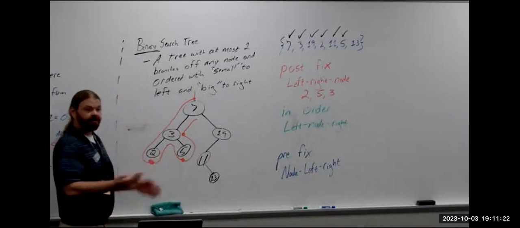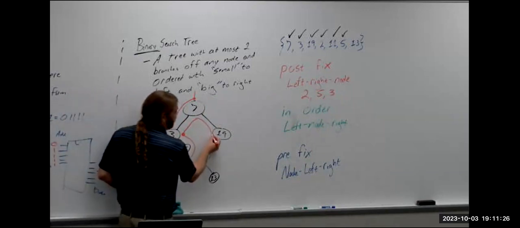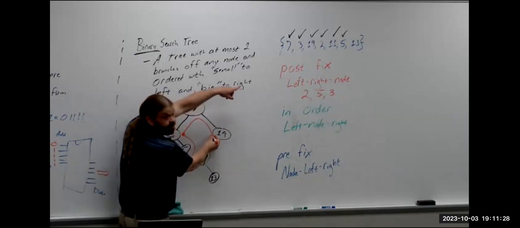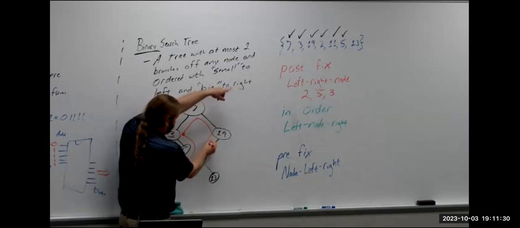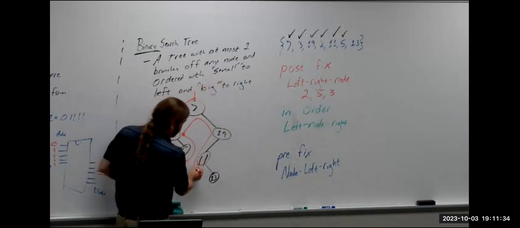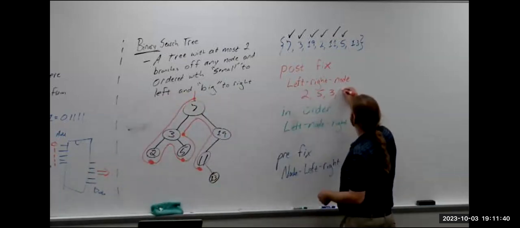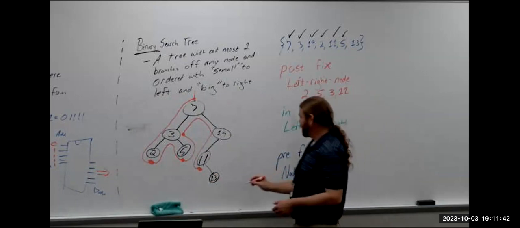We've already gone left, so we'll go right as far as we can. There's a 19. Check our order. Looks like we can go left, so we go left. Can't go left any further, so we'll take that one. We can't go any further left, so that's the one we want to grab next. 11.